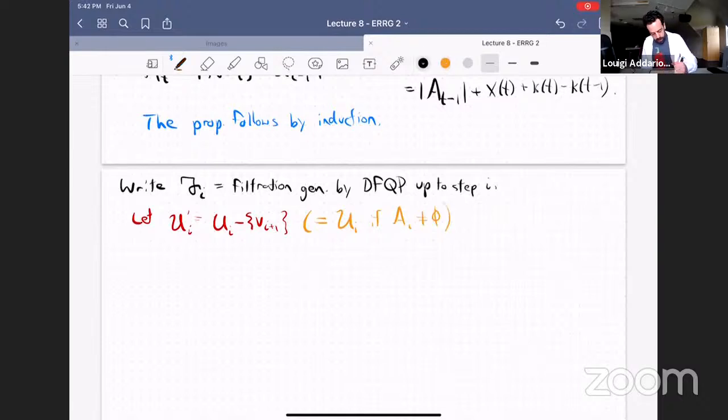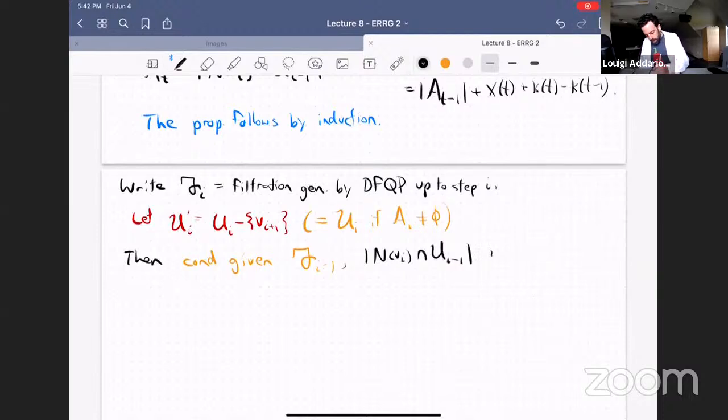Then if I condition on the information up to time i minus 1, the new increment, so the number of newly discovered vertices, is binomial with parameters size of U_i' and p.